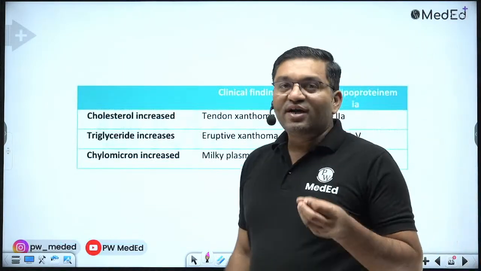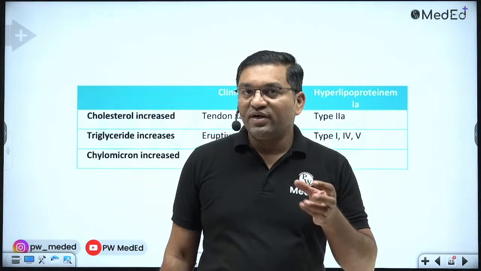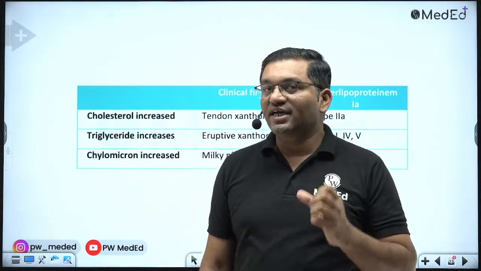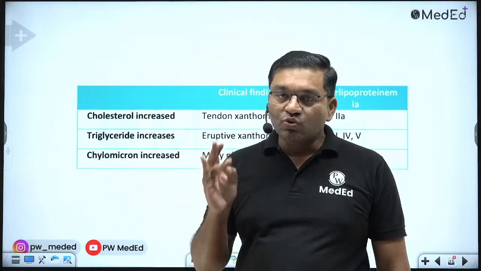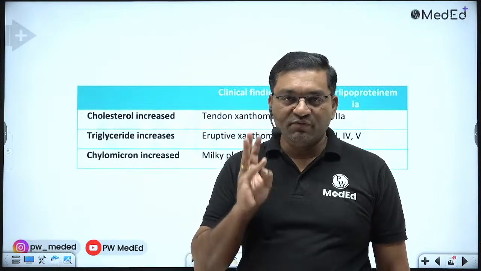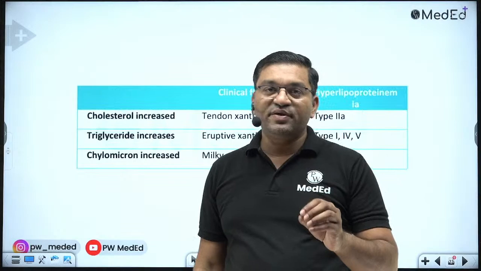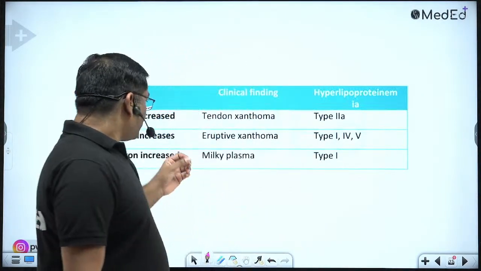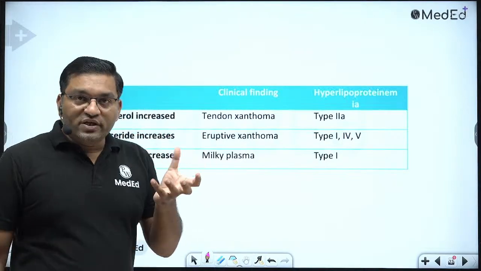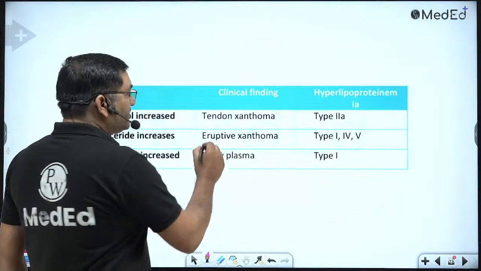Now the hyperlipoproteinemia. This is a trending topic now. If you cannot remember all of them, at least remember type 1 and type 2. This is the Fredrickson classification of hyperlipoproteinemia. Okay. Whenever there is an increase in the cholesterol, it causes tendon xanthoma.